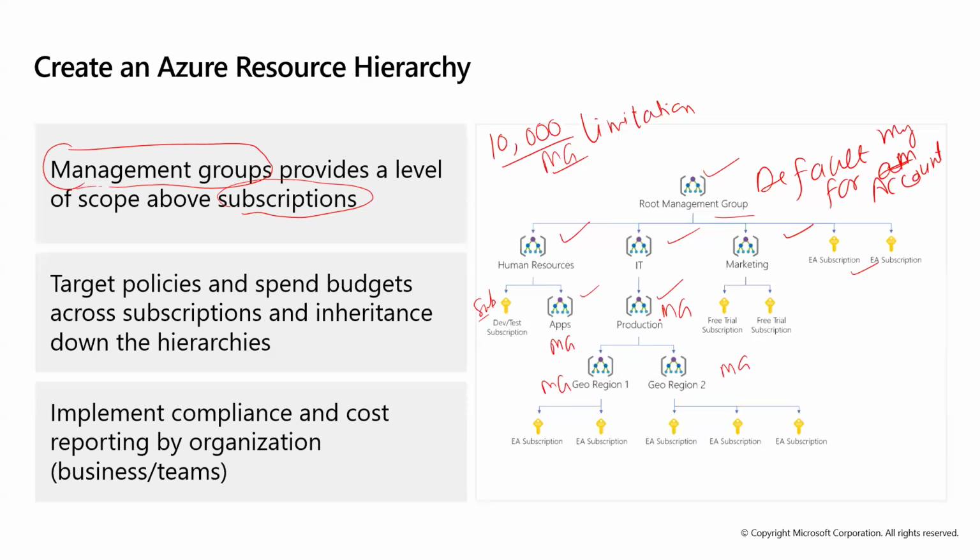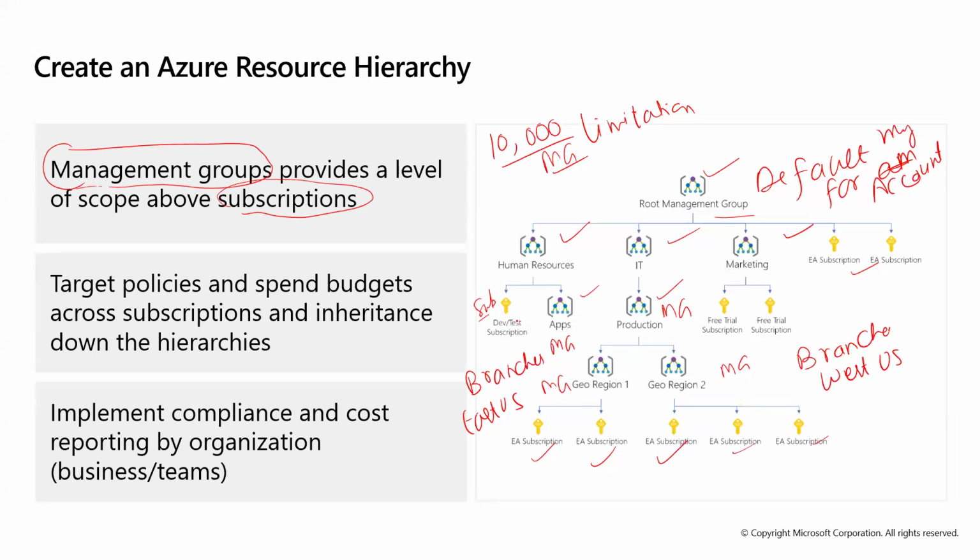For example, there are two branches which are existing, maybe one in the East US region and one in the West US region. So based on different geographical locations, you could also create different management groups. Now, inside these management groups, you could create your subscriptions. It's not mandatory that you go with the enterprise subscription only.